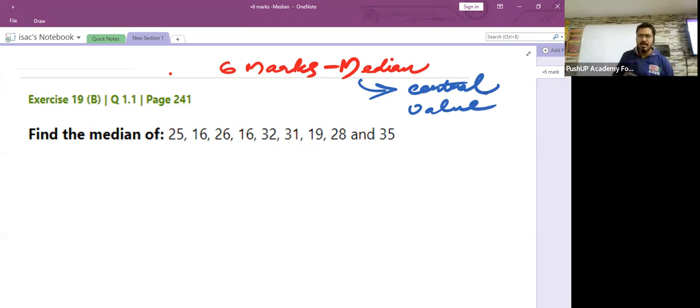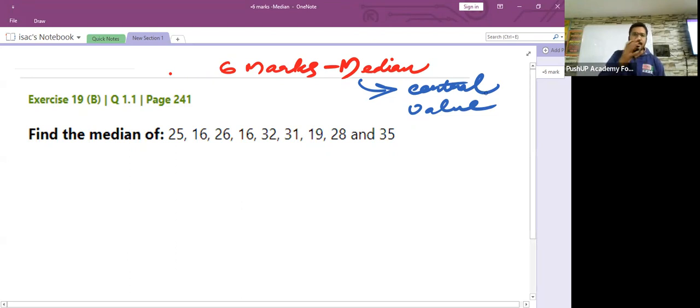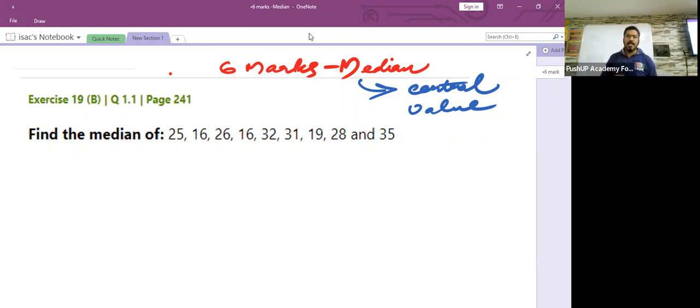Just remember this. One sentence is enough to understand the meaning of median. It is just the central value which you will be finding out for the given arrangement of observations. All right. So that was the theoretical way of expressing a median.